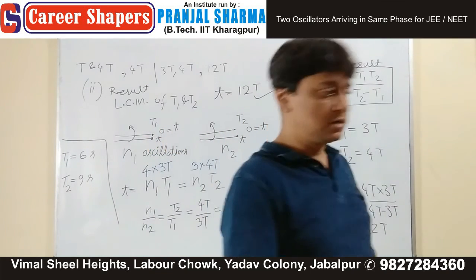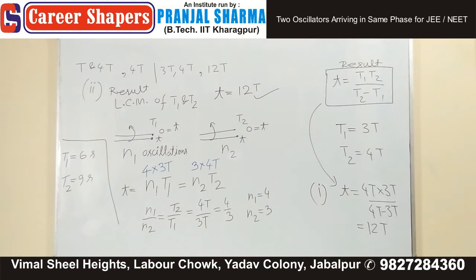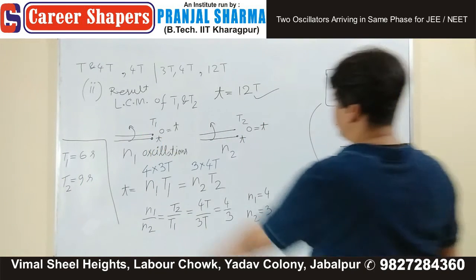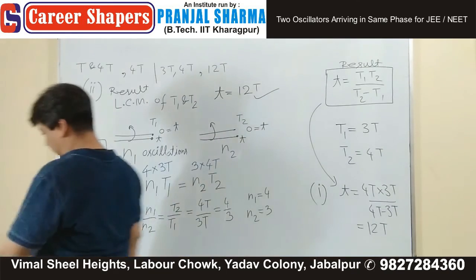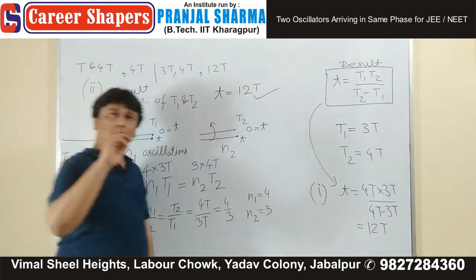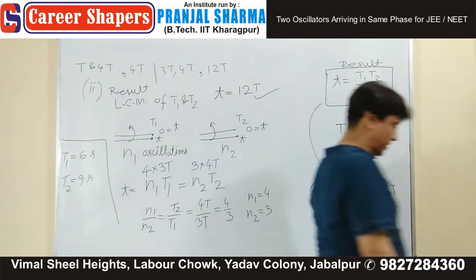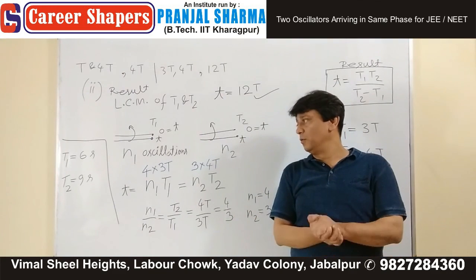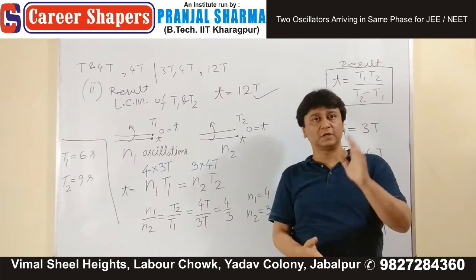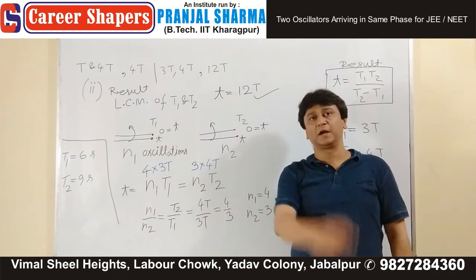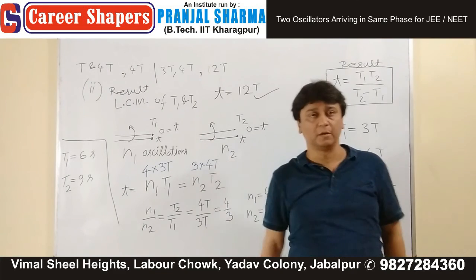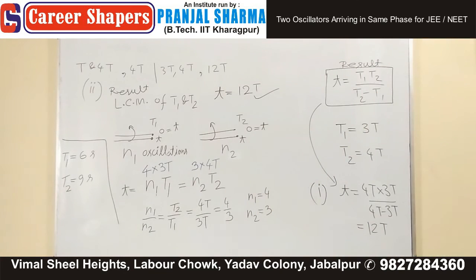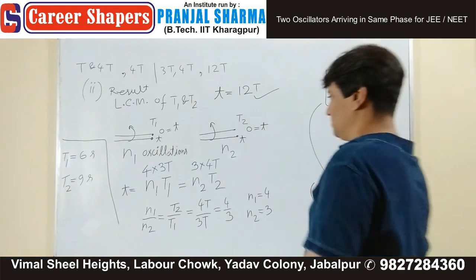Answer both parts, first and second. T1 is 6 seconds and T2 is 9 seconds: when will they be in same phase for the first time, first part. When will they meet for the first time at the starting mean position, second part. I don't know why it should take this much time.